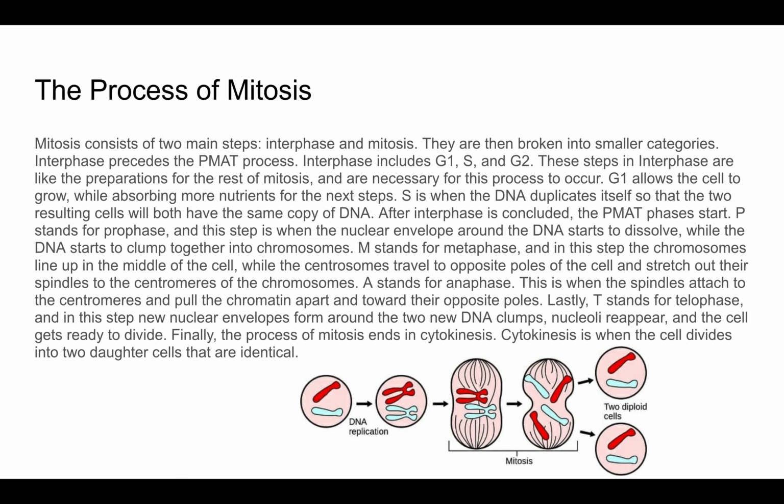P stands for prophase, and this is when the nuclear envelope around the DNA starts dissolving while the DNA clumps into chromosomes. Next is M, which stands for metaphase, and in this step the chromosomes line up down the middle of the cell, while the centrosomes travel to opposite poles of the cell, stretching out their spindles to the centromeres of the chromosomes.